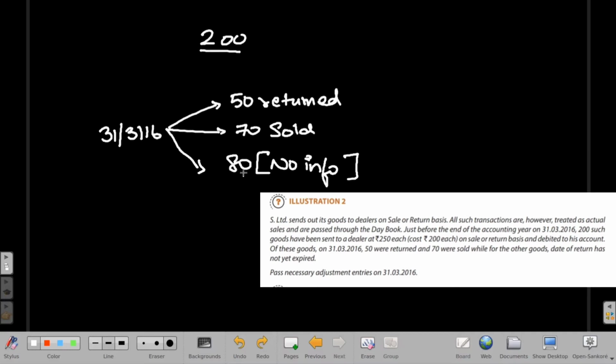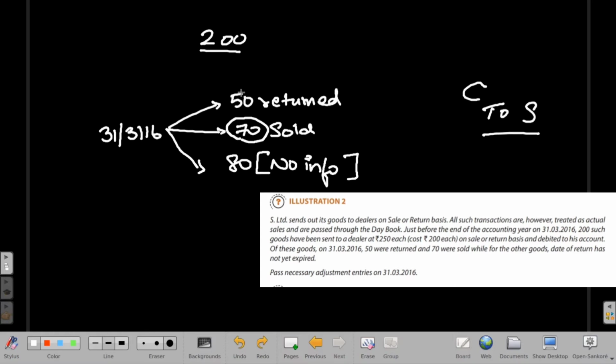Now, looking at the journal entries, for the 70 goods, there wouldn't be any entry in the books because previously they have recorded the entry of customer to sales. So this sales entry includes the goods of 70, and there wouldn't be any entries in the books.